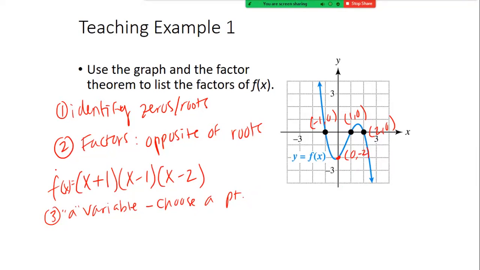When I choose that point, I'm going to plug it into the function. So I know that x is 0 and f of x is -2. So we have -2 equals a, our stretch or shrink factor, times x plus 1 times x minus 1 times x minus 2.